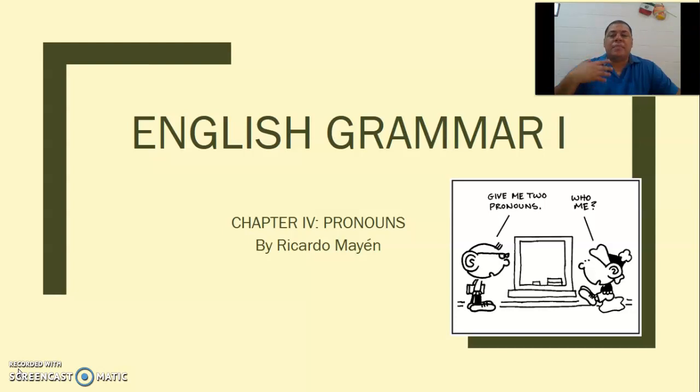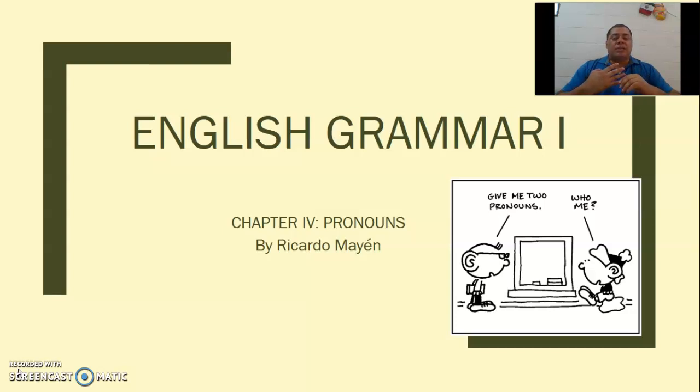Which parts of speech are open classes? We have verbs, adjectives, and nouns. Not only these three, but mostly these three kinds. We keep creating new words that fall into these three categories.